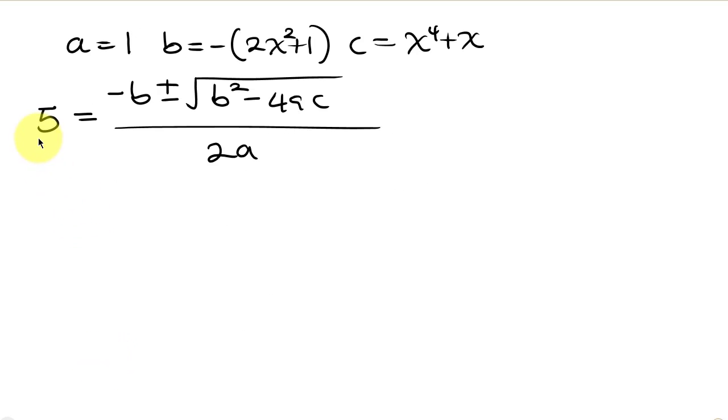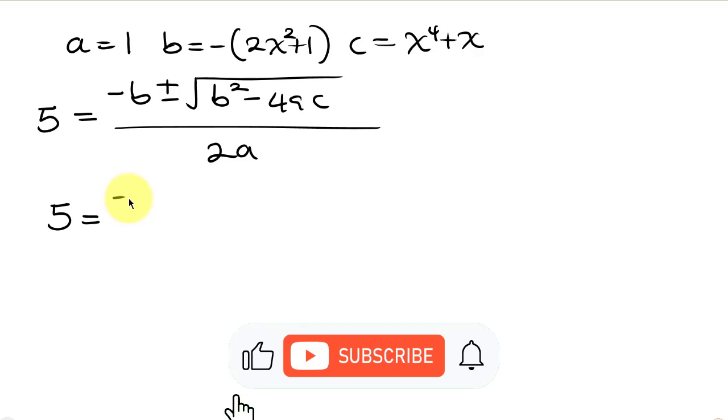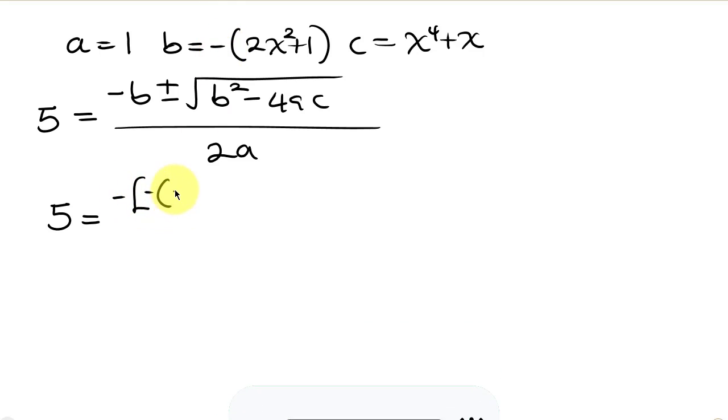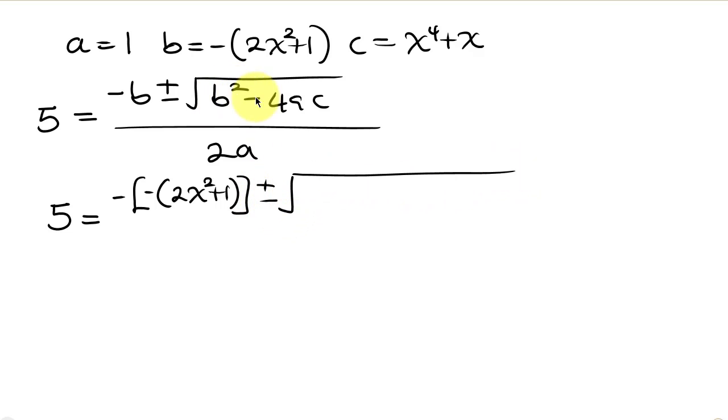So now substituting, we have 5 to be equal to negative b. So this is the negative outside. Then b is having negative 2x squared plus 1. Very good. And then plus or minus the square root of b squared. So b is negative 2x squared plus 1.